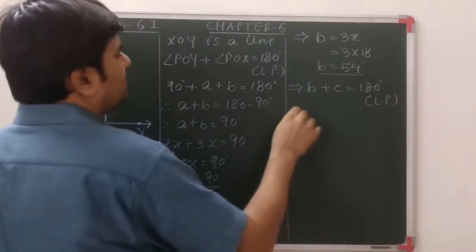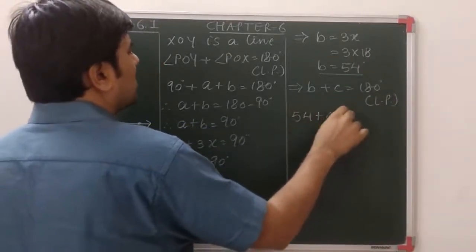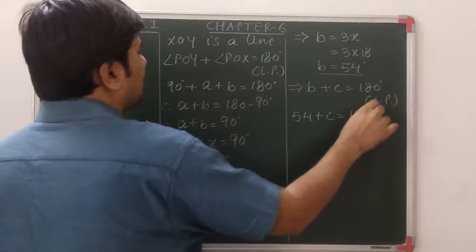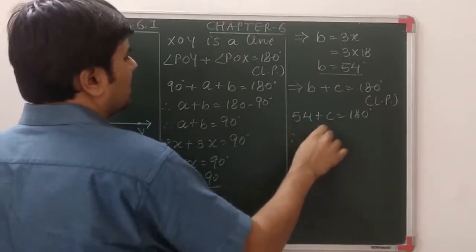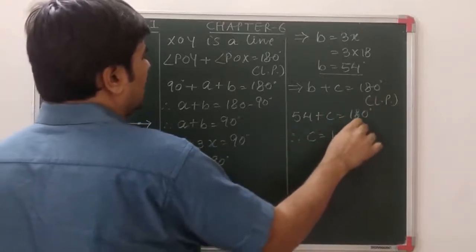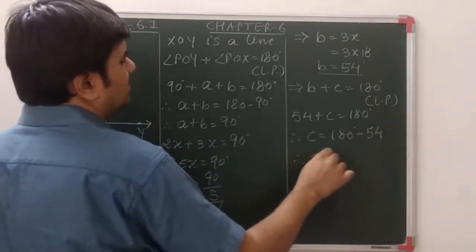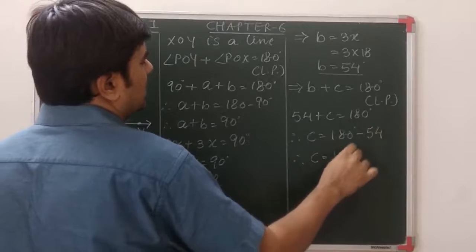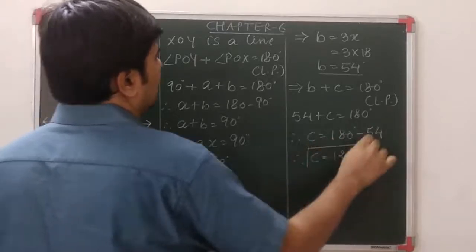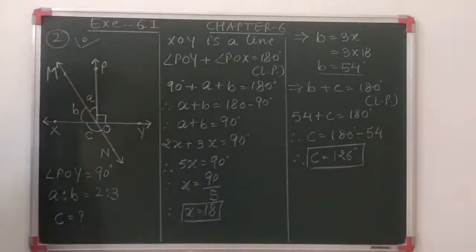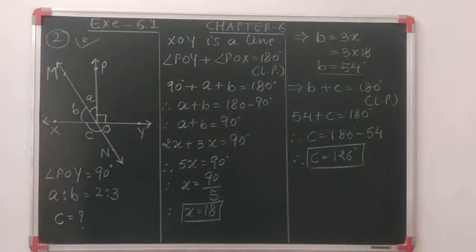So one angle we have is 54, and the second must be obtained by subtracting 54 from 180. 180 minus 54. Therefore, the C which we required is 126 degrees. So remember students, it is an important question, and this kind of question will come in the examination.